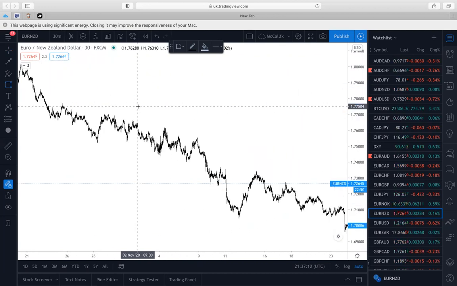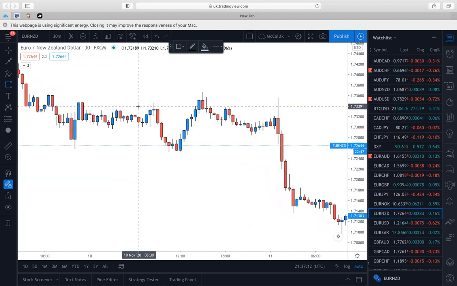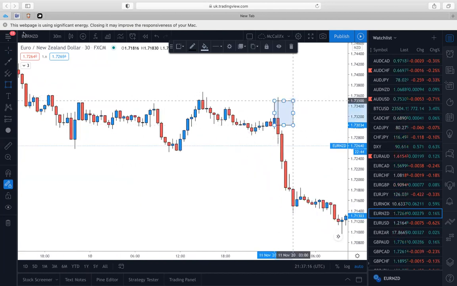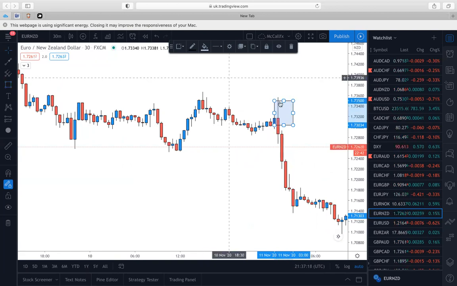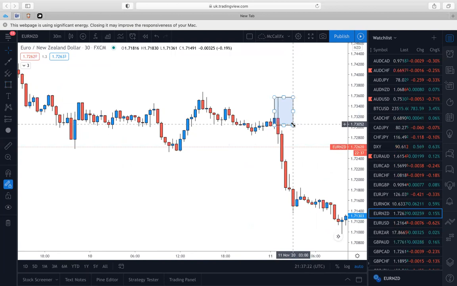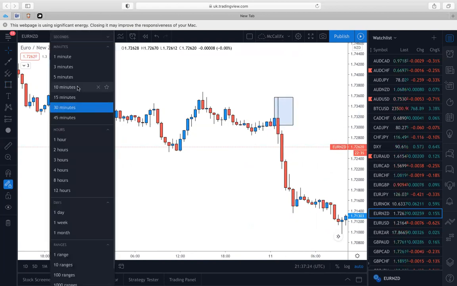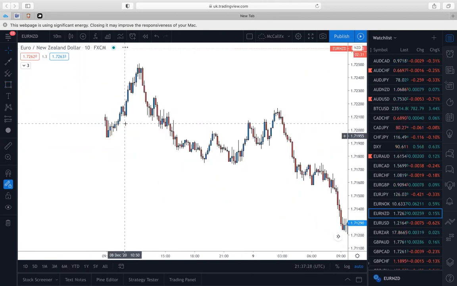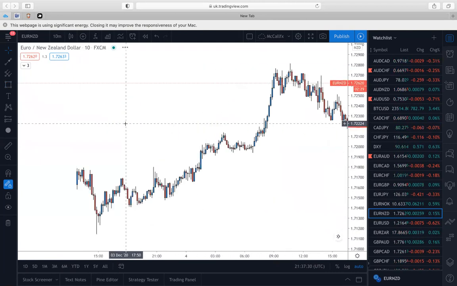So once I know this, I put my zone here, right? But since this is really huge, I want to go to a lower time frame to adjust my entry. Or you can also take your entry from this side. But I'll prefer taking my entry on the lower time frame because that is really huge.